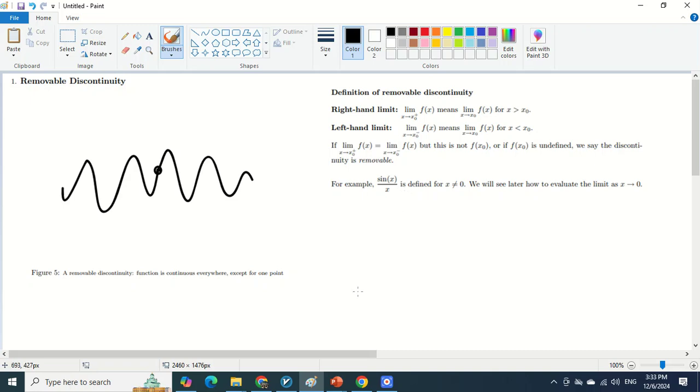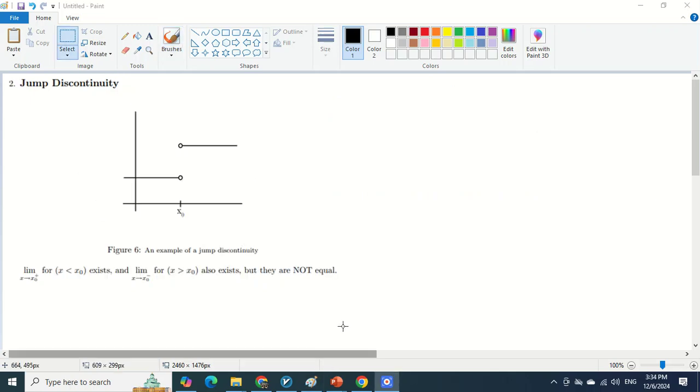We call that type of discontinuity removable because we can remove it. It's enough to define the value of the function at that point as the limit of the function.